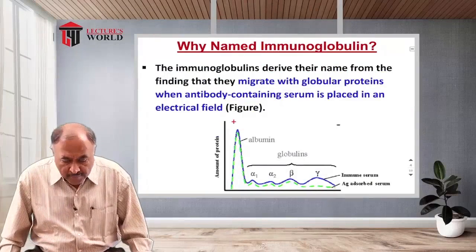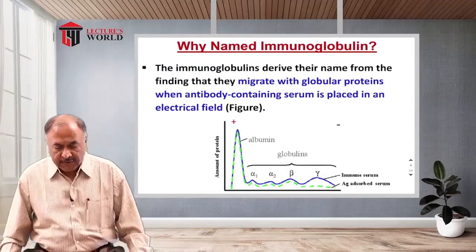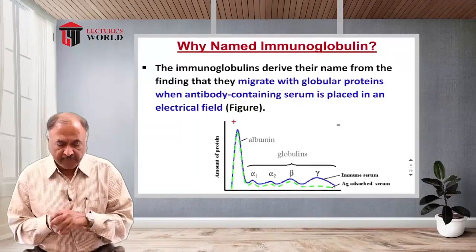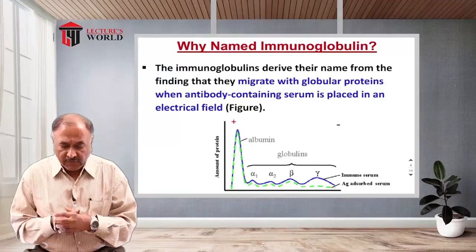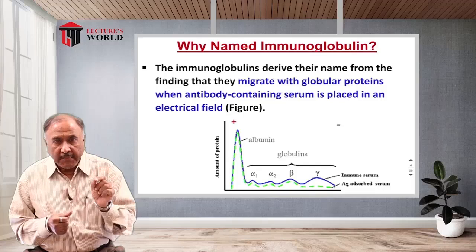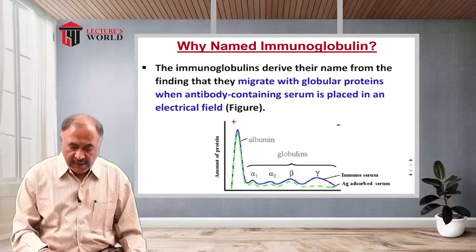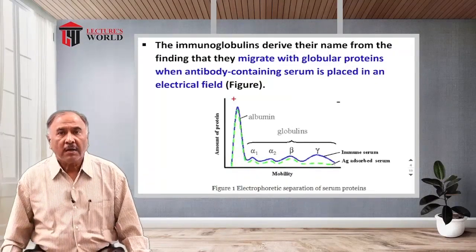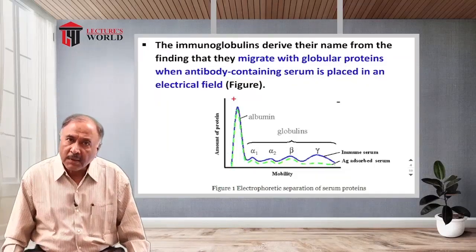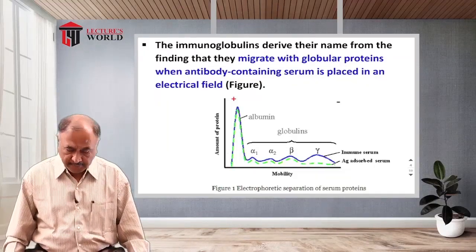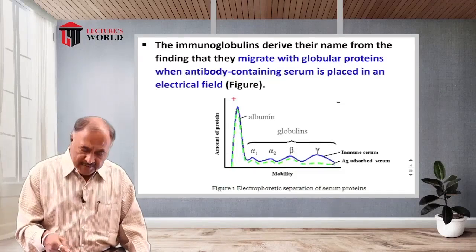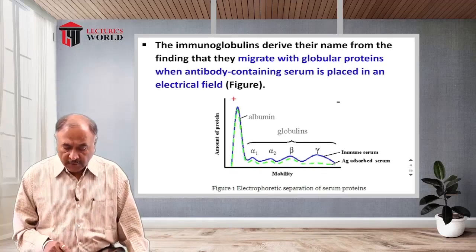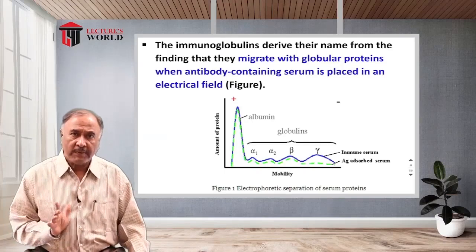And why were they named immunoglobulins? Because it was found that these proteins which migrate, they imparted immunity. As you can see in this figure, this is a graph from electrophoresis of serum. On the y-axis we have the amount of protein, and this is the mobility on the x-axis. The highest amount was of albumin.